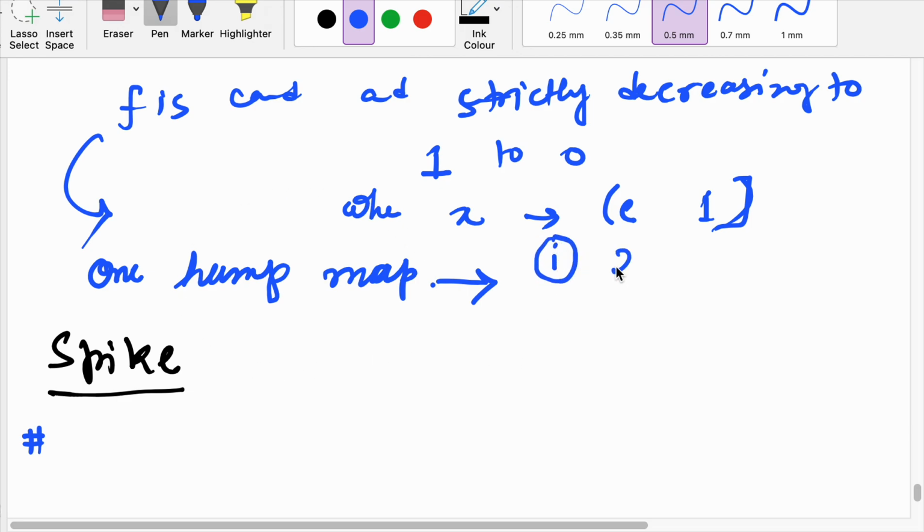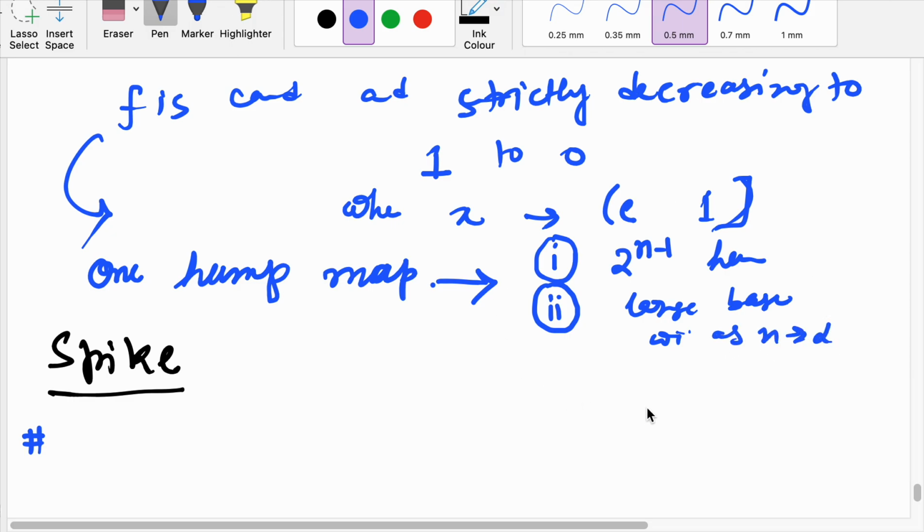One is that at the nth iterate it will have 2 to the power n minus 1 humps, and second, the largest base of any hump will decrease as n tends to infinity. Since these two properties hold for this one hump map, it is also called a wiggly map.